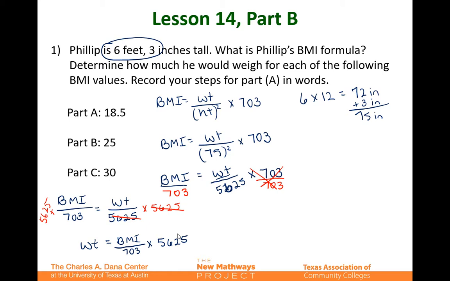But we went backwards to reverse it. So let's find, if we know his BMI, let's find his weight for each of these numbers. So I'm going to put 18.5. So for part A, it will be 18.5. Well, let's write this down. 18.5 over 703 times 5625.